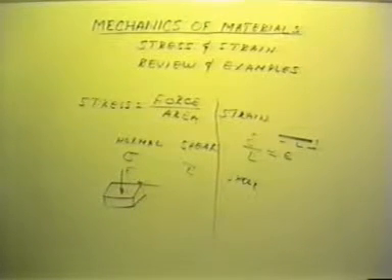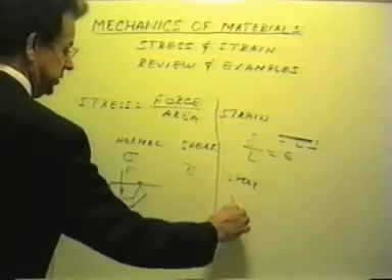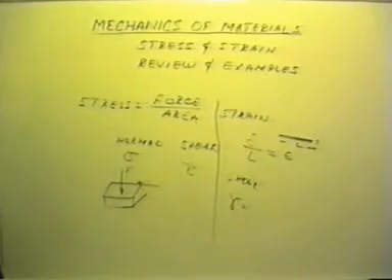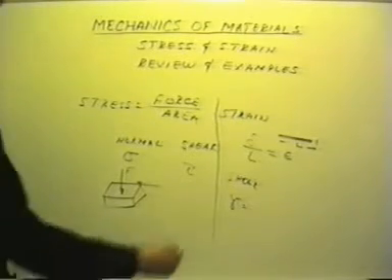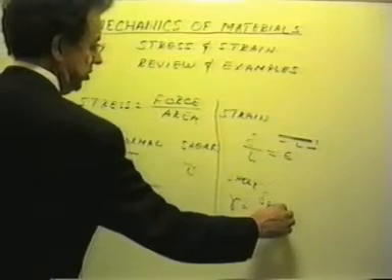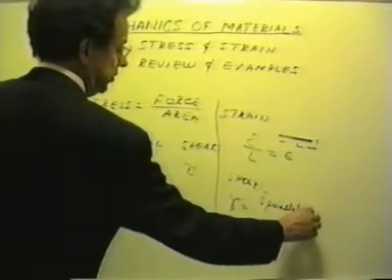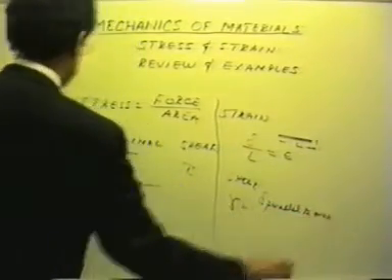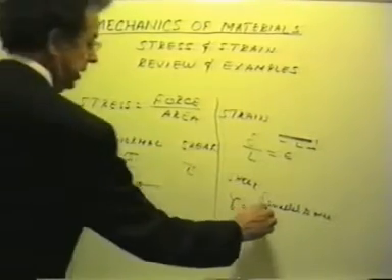With the shear strain, we're talking now about an angular deformation resulting from shear stress. So we have in this case the situation where gamma would represent the shear strain, and it's an angular deformation, and this can be written as the change delta parallel to the area divided by the height.